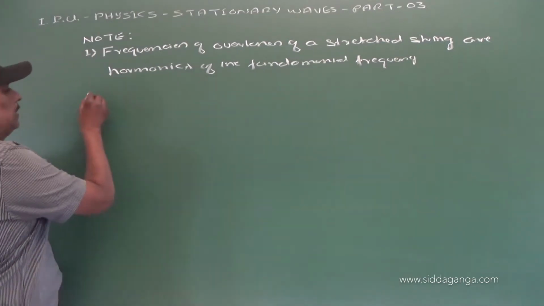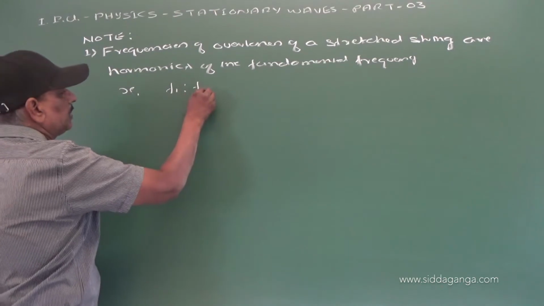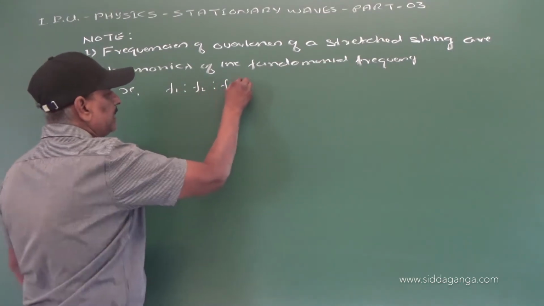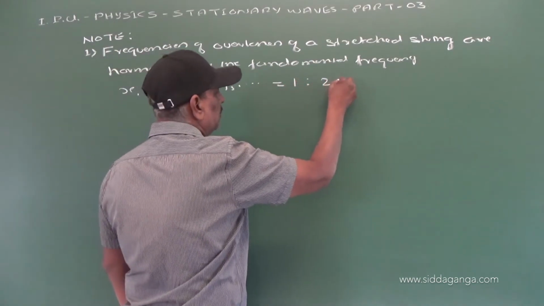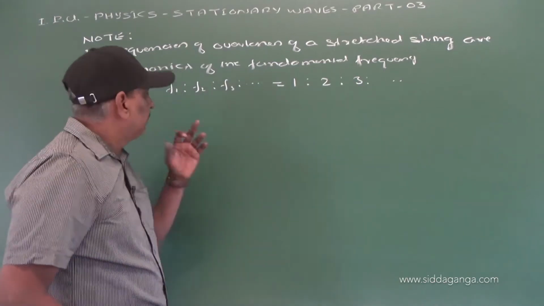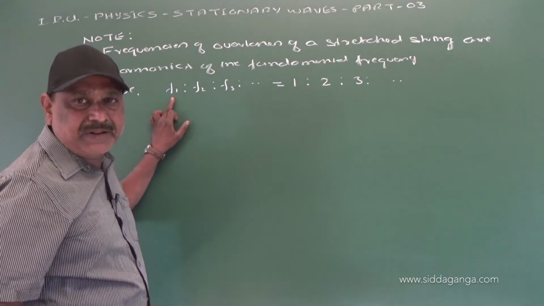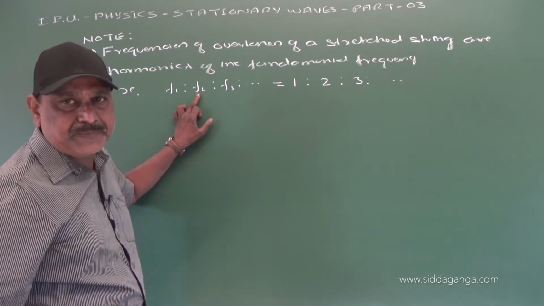That is, we have F1 is to F2 is to F3 is to etc. is equal to 1 is to 2 is to 3 is to etc. Here F1 is the fundamental frequency, F2 is equal to 2 times F1.